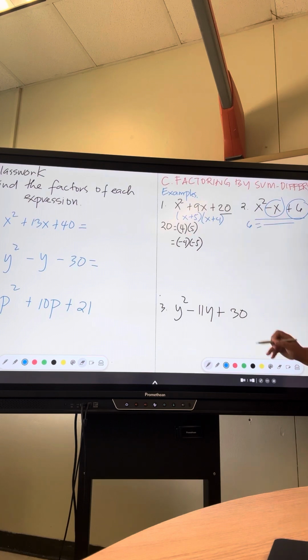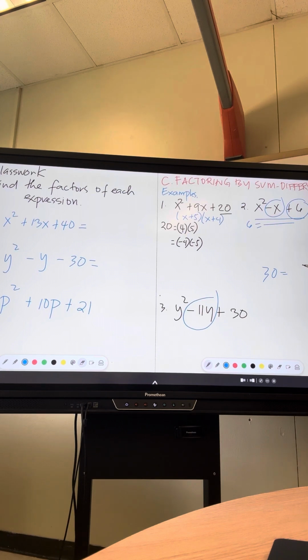So how about in number 3? You are going to test and verify the problem. So what do you think is the factor in number 3? 30. What are the possible factors of 30? And remember that the middle term is negative 11y.